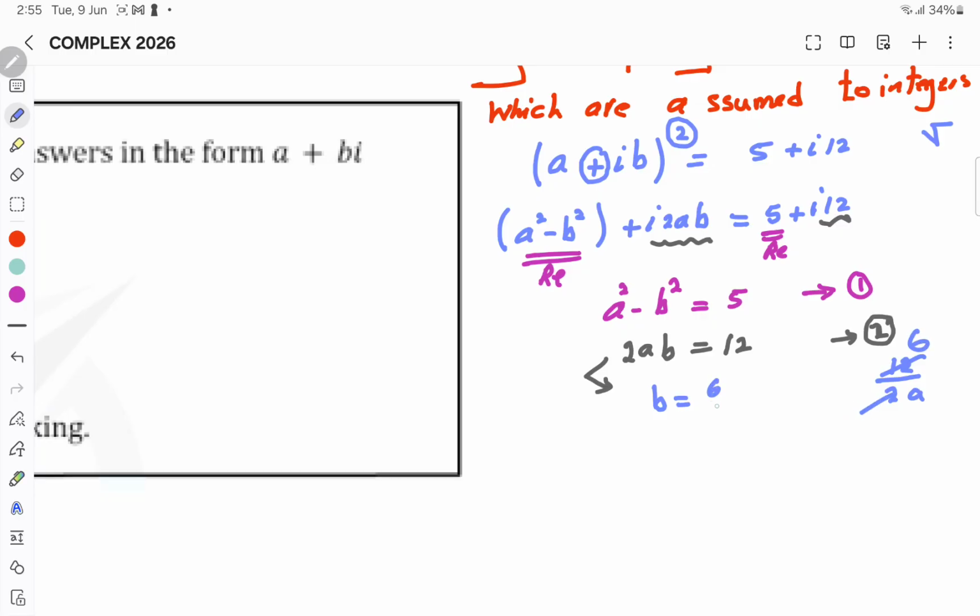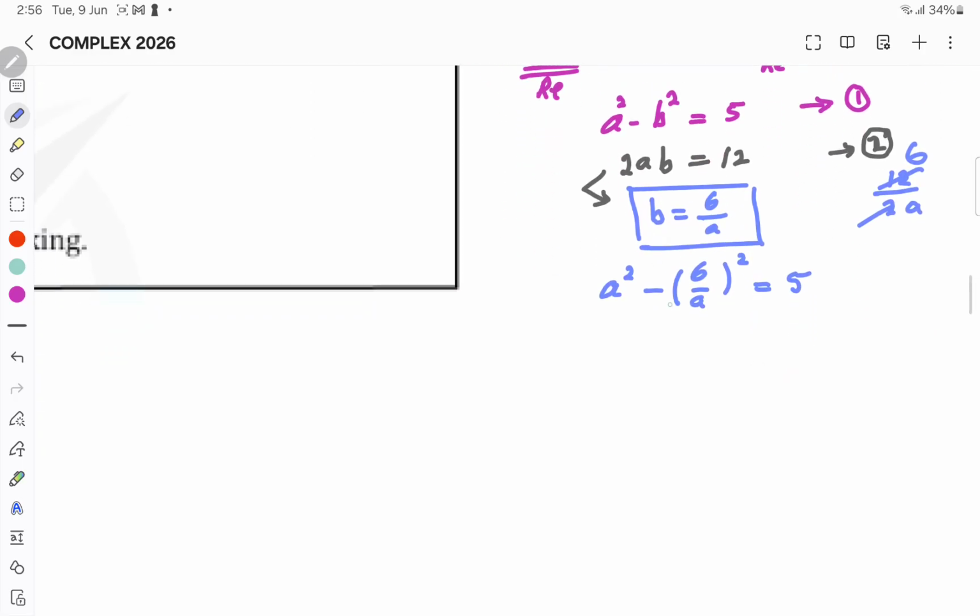So b equals 6 over a. So we substitute in the first equation, it will be a squared minus 6 over a, all squared, all of that equal to 5. Simplify, it will be a squared minus 36 over a squared.